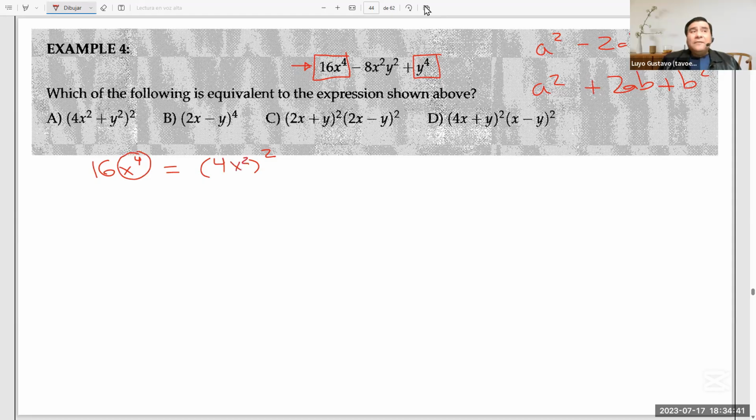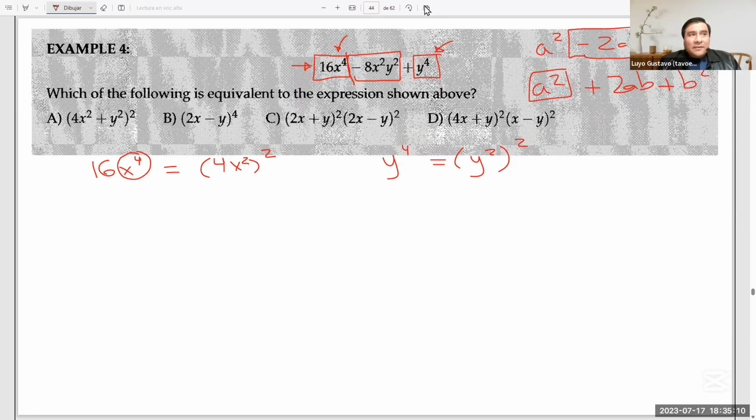So now you have that this first term is a square, something like an A squared. What about the last term in the trinomial? Clearly, this y to the 4th is the square of y squared. So what about this term here? Can we interpret this as 2 times the product of A and B?